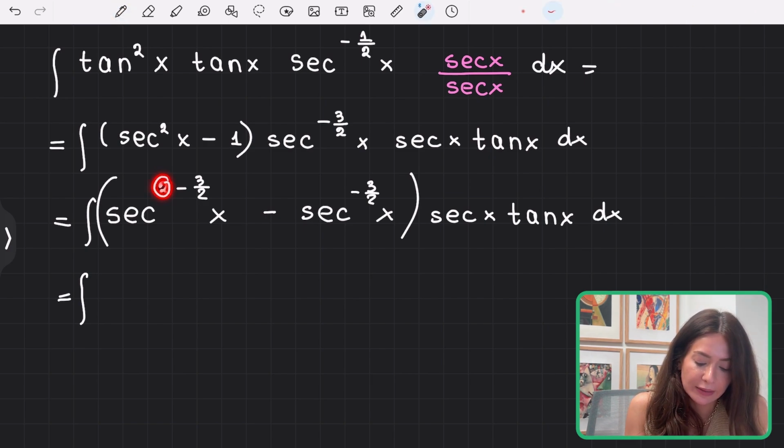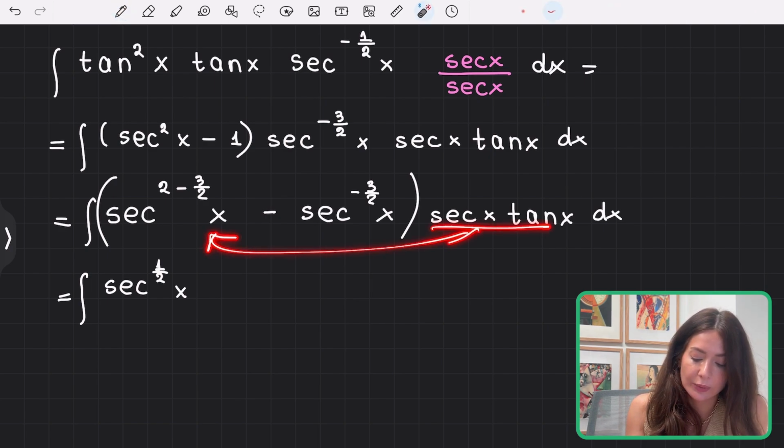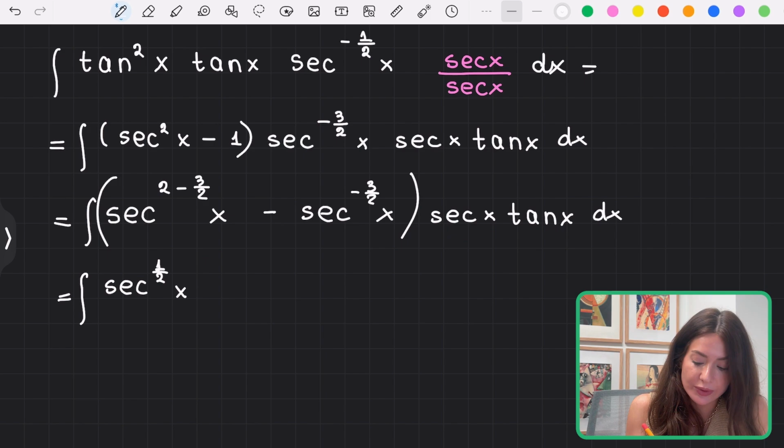Okay, if you do math here, you will have 4/2, and that will be secant to the positive 1/2 power. And then now you can multiply these through so that you can write 2 separate integrals, right?